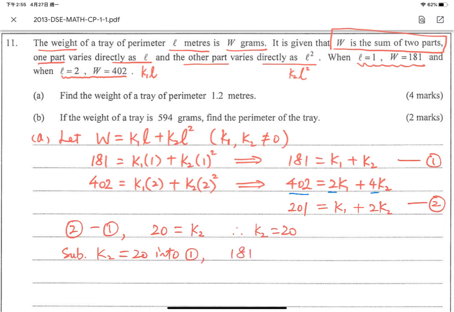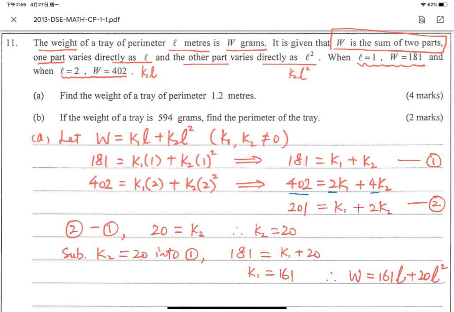We have 181 equal to K1 plus K2. K2 is 20 now, so K1 equal to 181 minus 20, so it's 161. Therefore, we have the relationship W equal to 161 times L plus 20 times L squared. Okay, this is the equation for the weight and the perimeter.